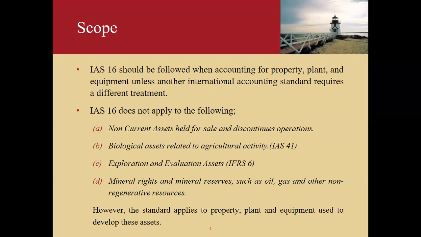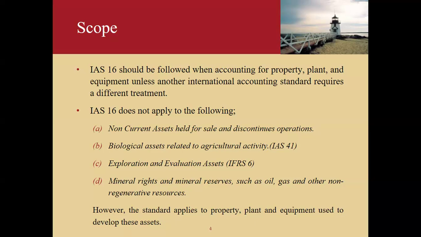But there is a note, however, the standard applies to property, plant, and equipment used to develop these assets. For example, if I have a farm and I'm rearing cows and I have maybe milking equipment, or if I dig and I have a tractor, that tractor is accounted for under property, plant, and equipment. Same for the exploration and evaluation assets.